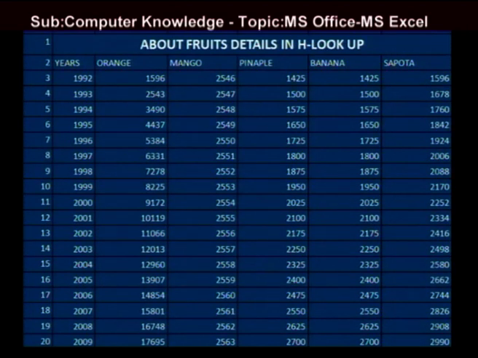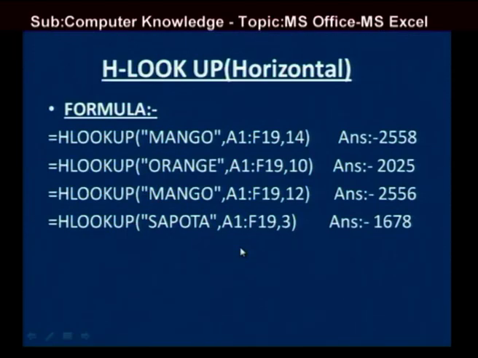Horizontal searching of related data. First I will explain a small table for you, the fruits storage calculations by year. These are the fruits: orange, mango, pineapple, banana and sapota, different types by year. These are the storage. How to write the formula?